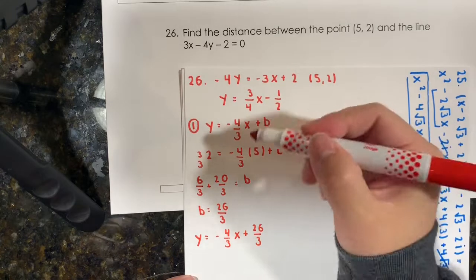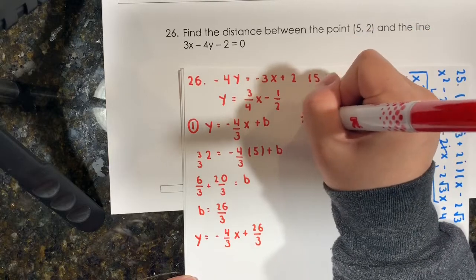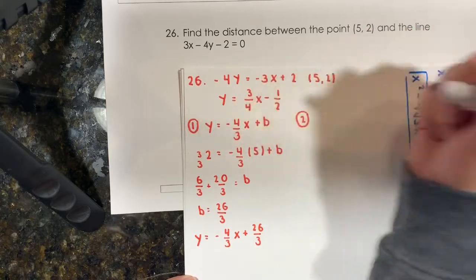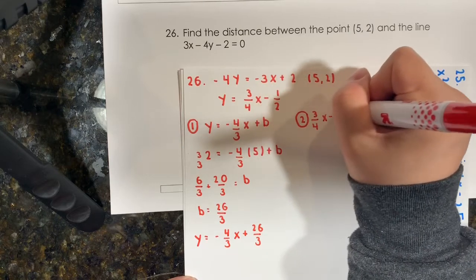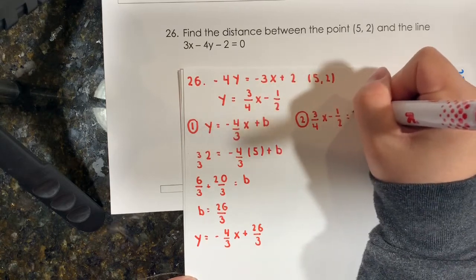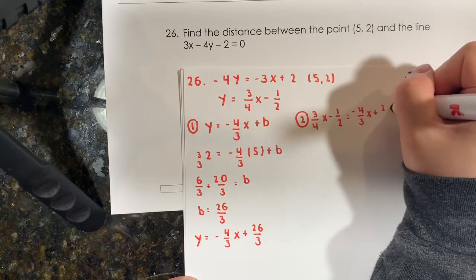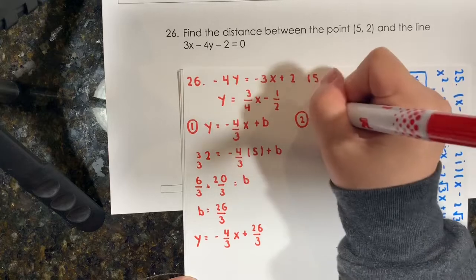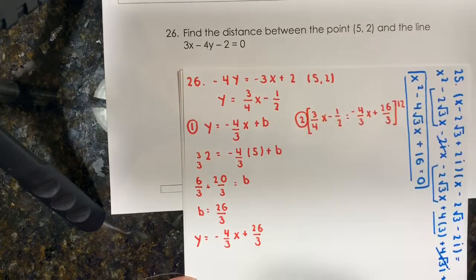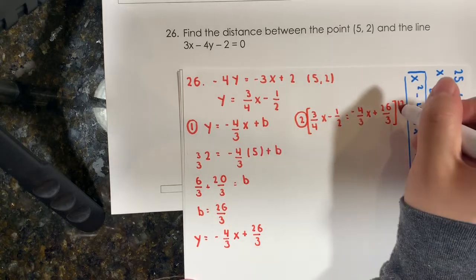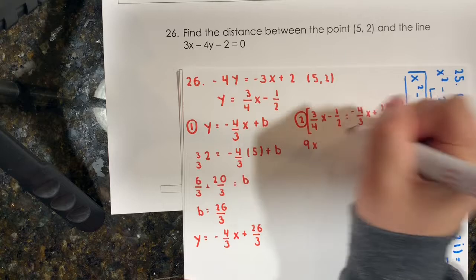I want to find out where this line and my original line intersect. So I'm going to set them equal to each other. So I have 3/4 x minus 1/2 equals negative 4/3 x plus 26 over 3. To get rid of the denominators, I'm going to multiply this whole thing by 12. That means I would end up multiplying that 3 by 3, which would be 9x.